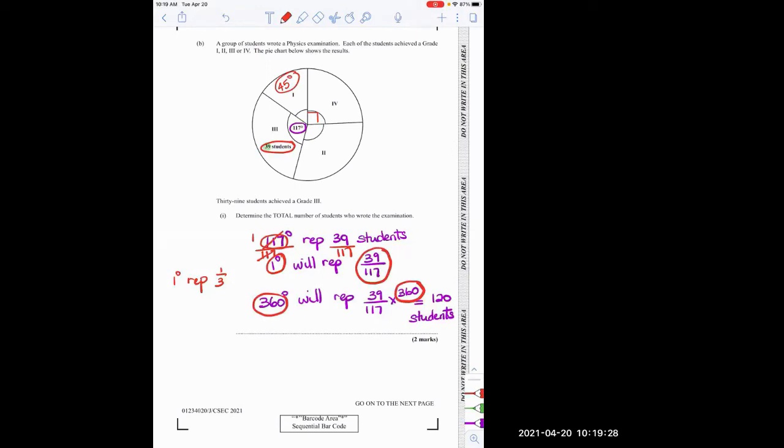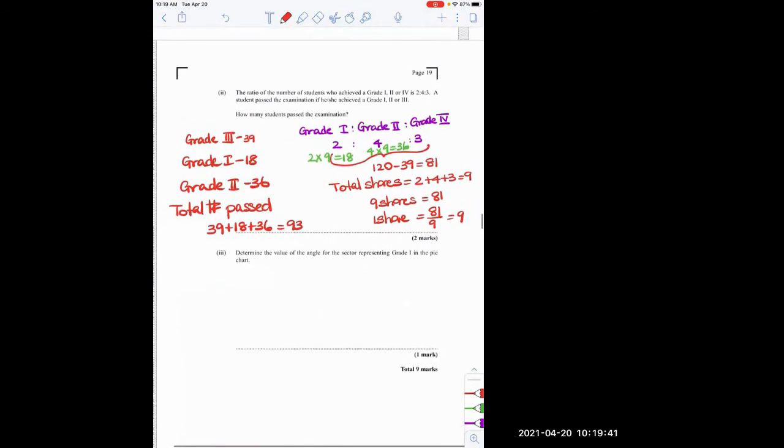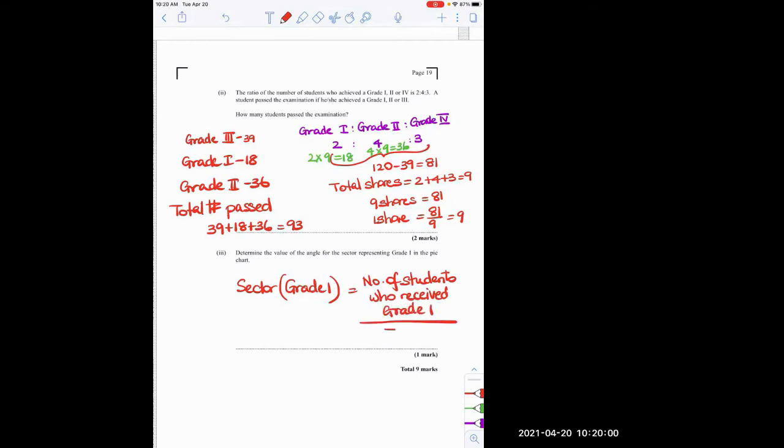All right? Now the last part, determine the value of the sector angle representing grade 1. For this one, the sector angle for grade 1 is the number of students who received grade 1 over the total number of students multiplied by 360.